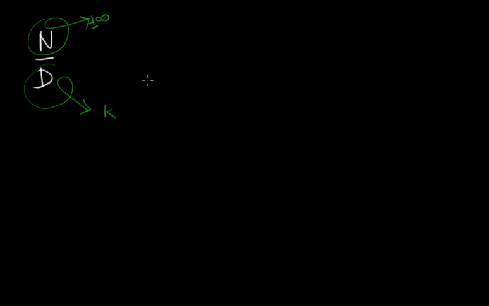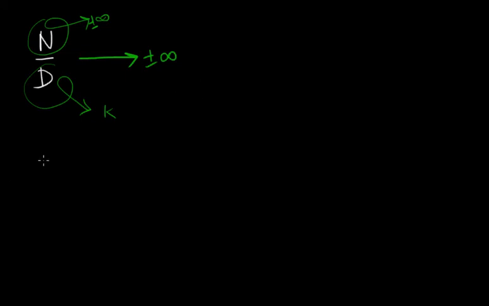The numerator might be becoming unbounded, and the denominator becoming a constant. Well, in this case, if the numerator is getting huge and the denominator is just stabilizing at some constant, then you know that the whole fraction, the quotient, is becoming unbounded. So it's plus or minus infinity. There would be no finite limit in that case.